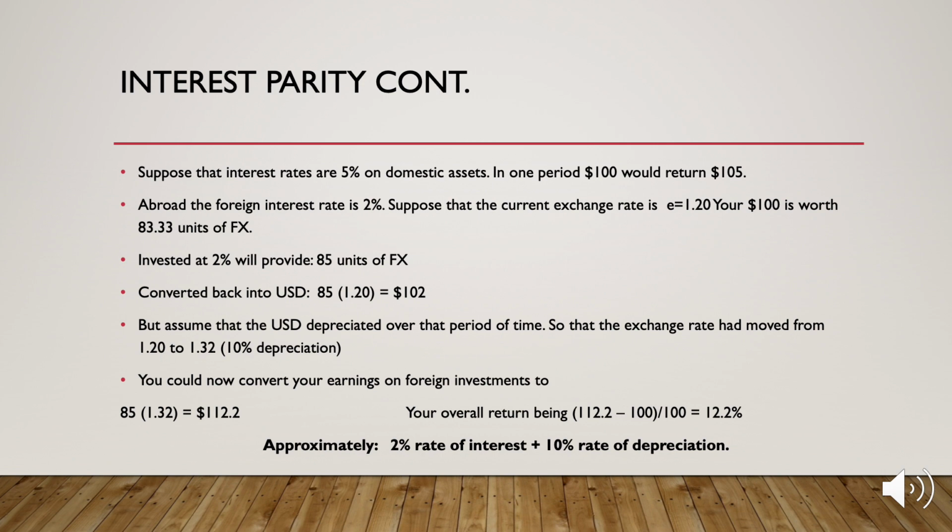Given the expected rate of depreciation of 10% and the overall rate of return on foreign investments of 12%, you can see that clearly investing in the foreign denominated asset or bank account is preferable to investing in the domestic one. Even though the domestic interest rate is higher than the foreign interest rate, we have to also take into account the expected rate of depreciation of the currency.